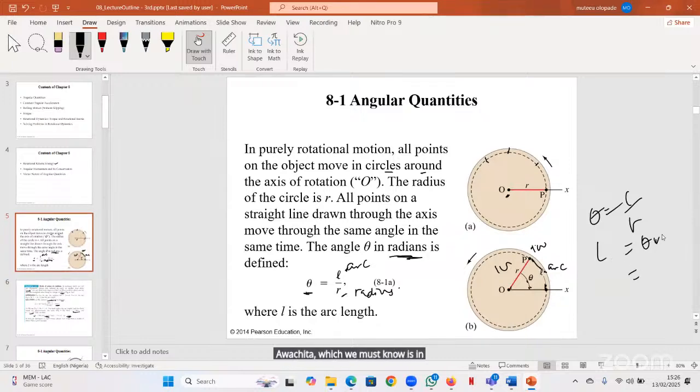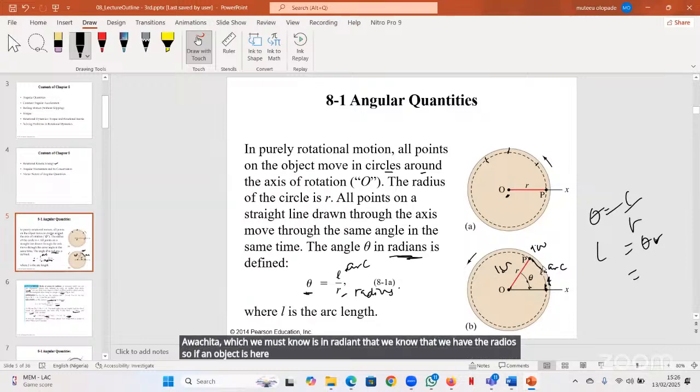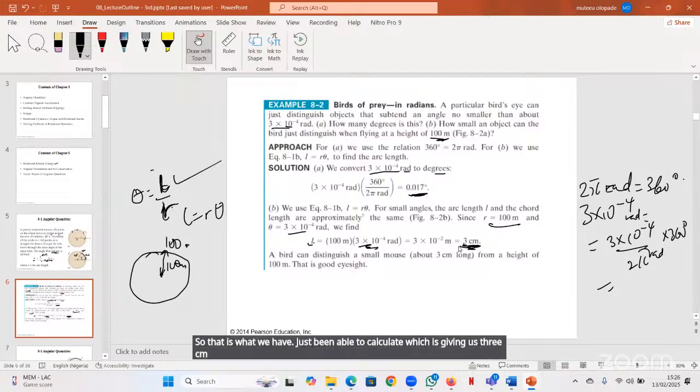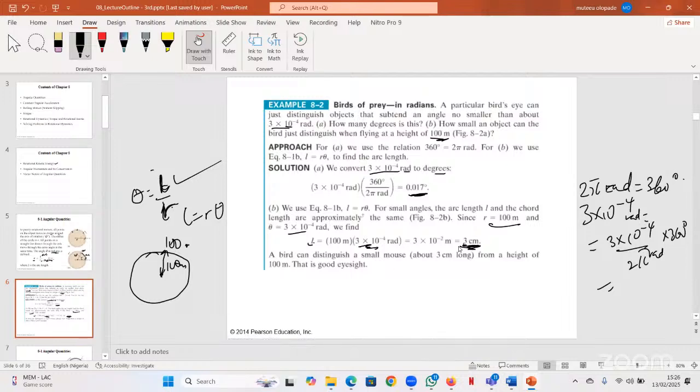Then we have the radius. So if an object is here, how will the bird see the object? That is what we have just been able to calculate, which is given as 3 cm. Any question? No, sir. So take note of this formula as well.